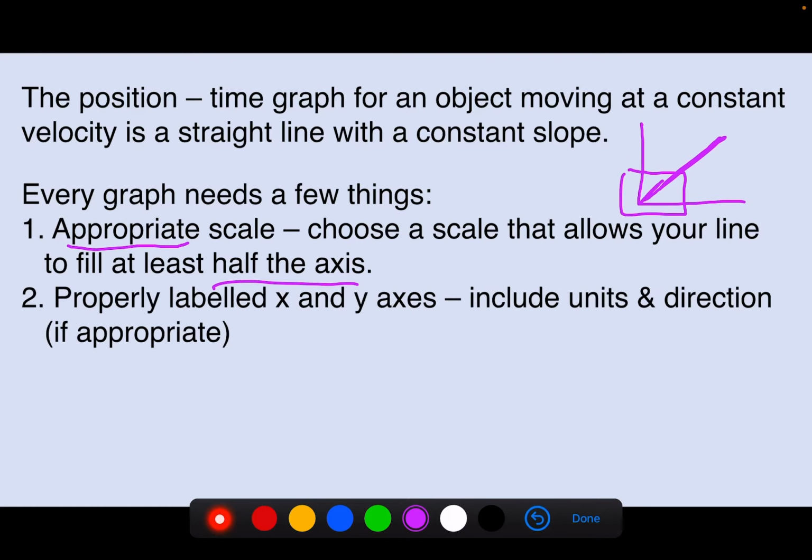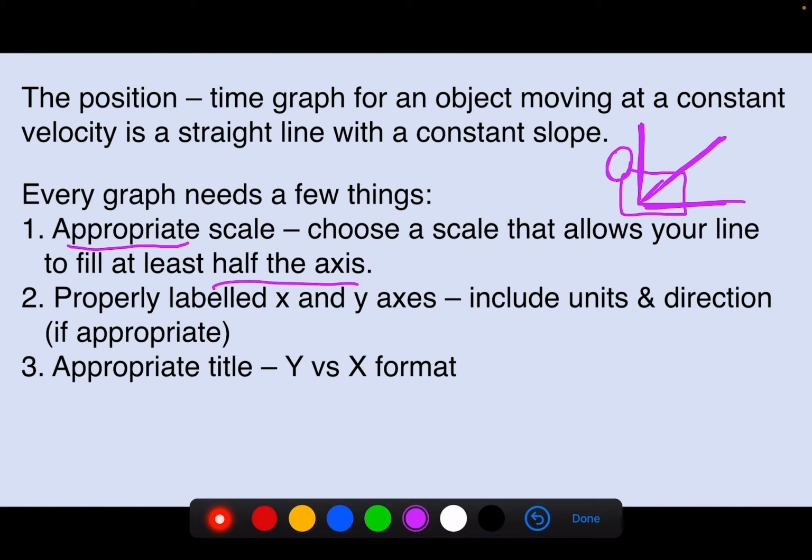You want to have properly labeled x and y axes. The y-axis is over here, the x-axis is over here. Include things like units and direction. An appropriate title is in y versus x format. So whatever's on your y-axis and whatever's on your x-axis, that's what's going to appear in your title. Line of best fit: in general in physics, that's going to be a straight line, not connect the dots.